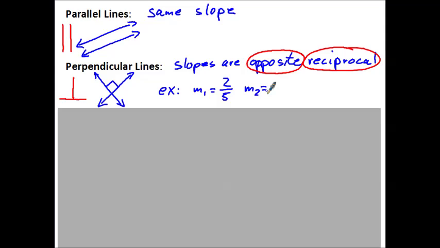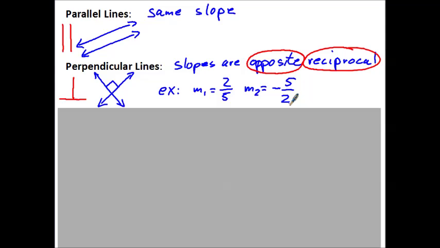So since 2/5 is positive, the slope of our perpendicular line has to be negative, and then we need to also make it the reciprocal. Remember, reciprocal? So we have to flip the fraction around and have 5/2 now. So in total, the slope of the second line will have to be negative 5/2.